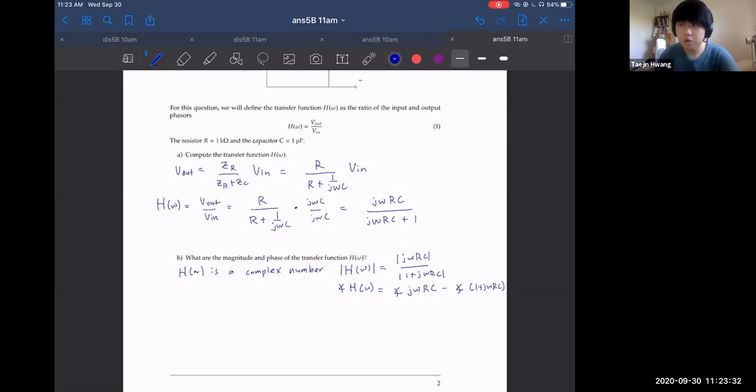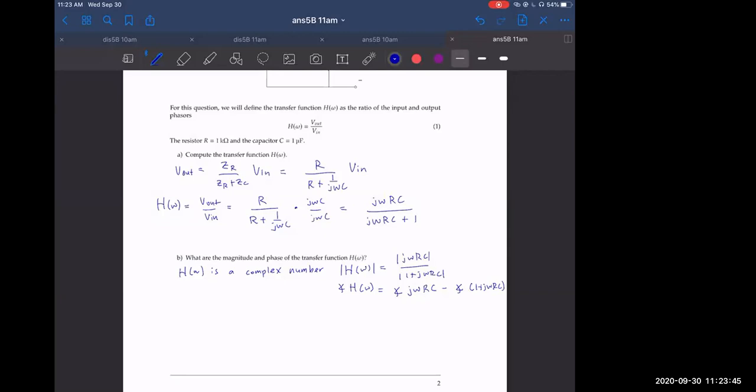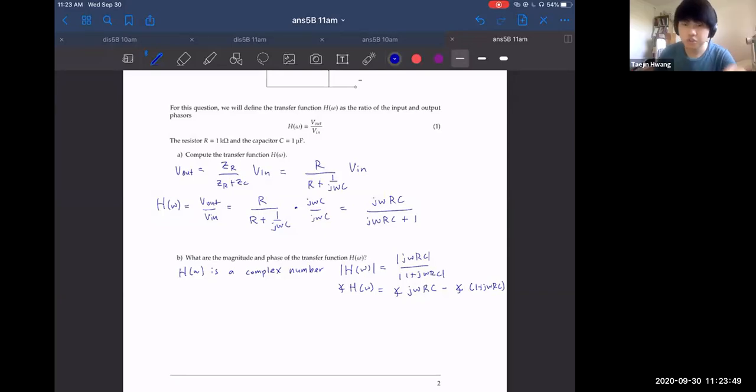So take a look at parts B and C. Let's put everyone up into breakout rooms. And in the meantime, I'll also just jump around to see if anyone needs any help. So if you have any questions before entering the breakout rooms, also feel free to ask.